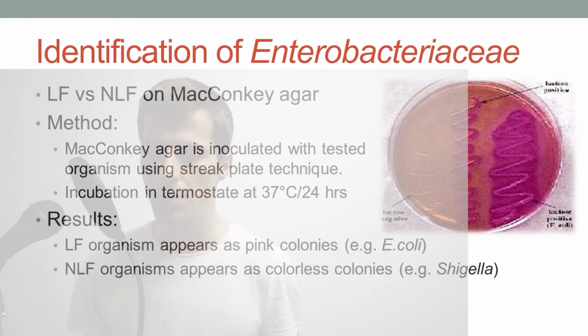So lactose fermenting organisms will appear as pink colonies here. Here you can see they do ferment lactose and the colonies are pink. Others are non-lactose fermenters. They are colorless, but meanwhile they are able to produce pink color among them.